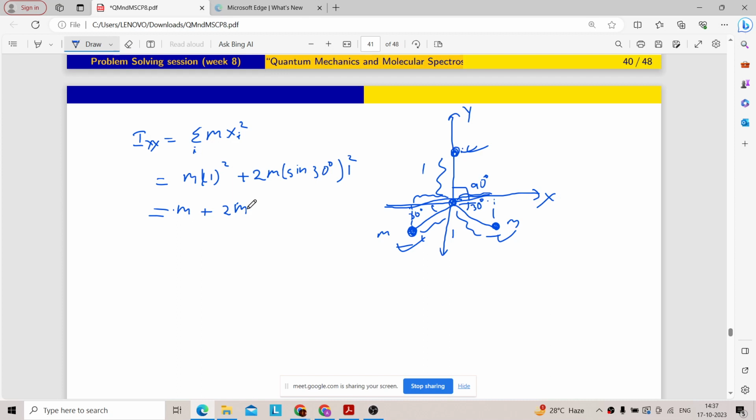What is the value of sine 30 degrees? This is half.